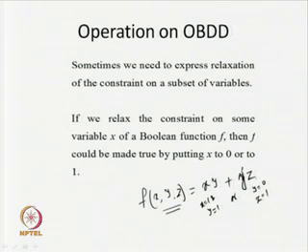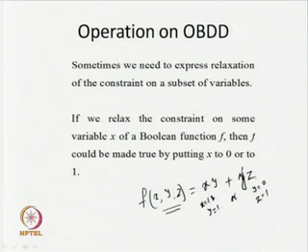Sometimes we want to relax the constraint on some variable. So, we look at the function derived from the given function where it is independent of one particular variable. That means we relax the constraint of this function on that variable, say x.